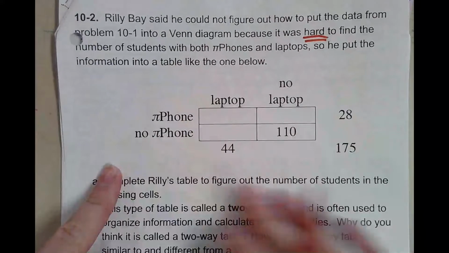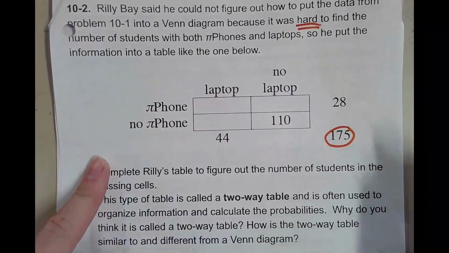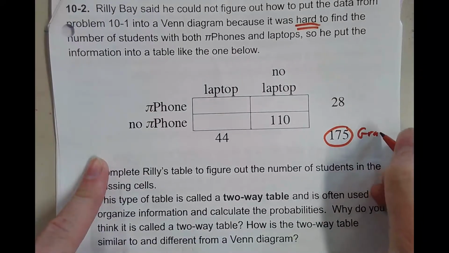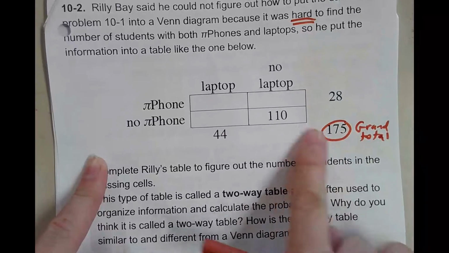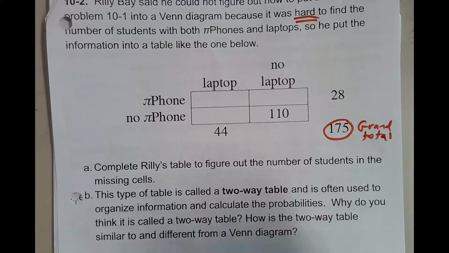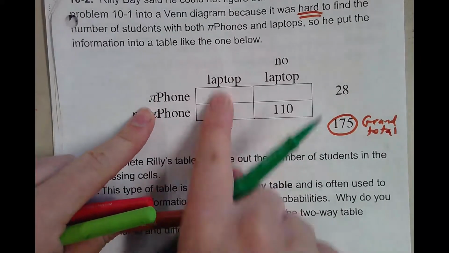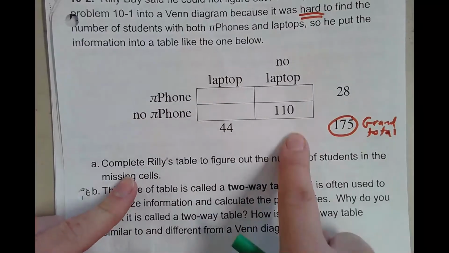Now let's look at the table first of all. Let's see if it all makes sense. 175 is the grand total number of students, and the total is always in the bottom right corner. Next, there are rows, which go horizontally, and columns, which go vertically.